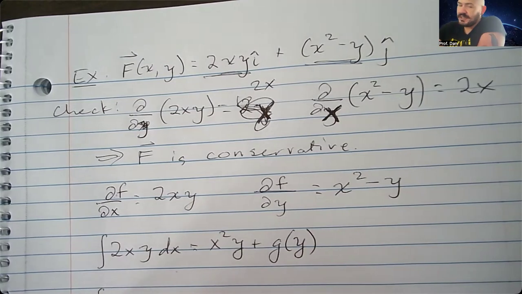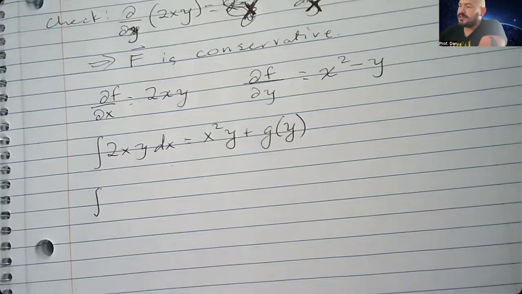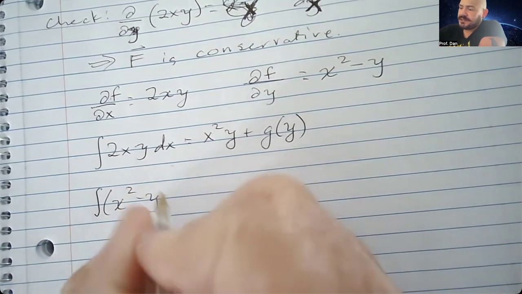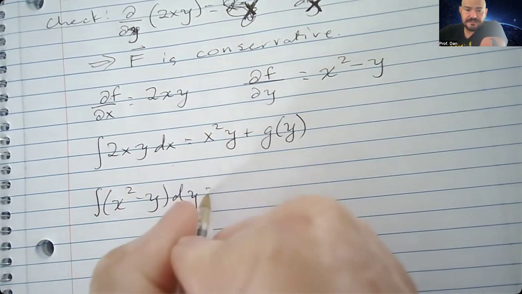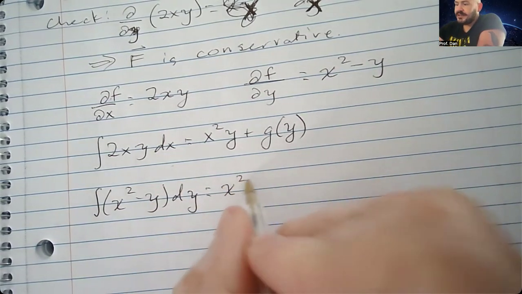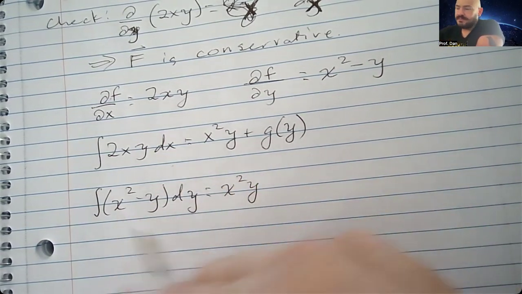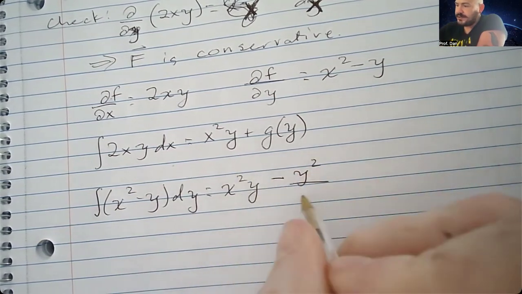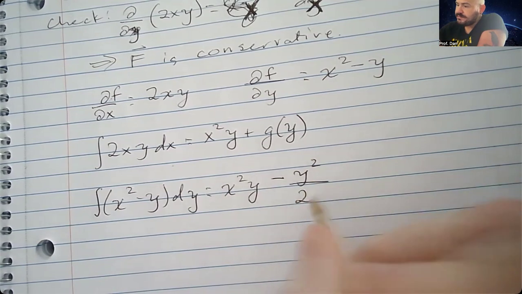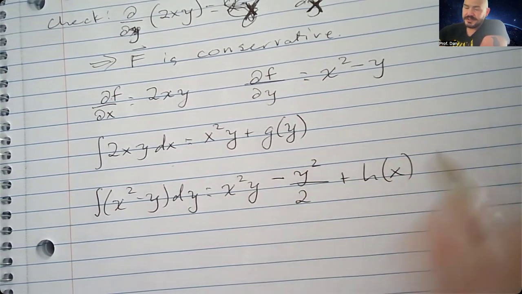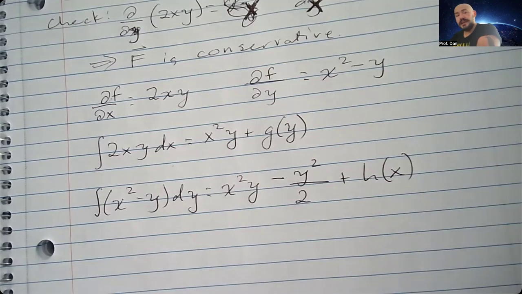Now, if I take the integral of the y component, x squared minus y dy, then I end up getting x squared y from the first term minus y squared over 2 plus some function that might involve x.